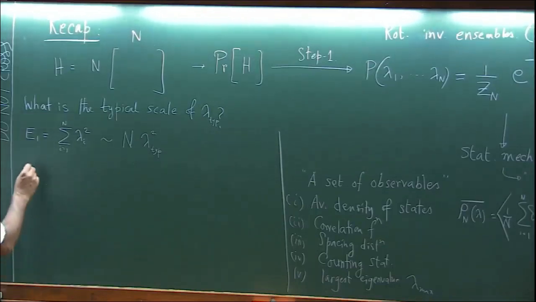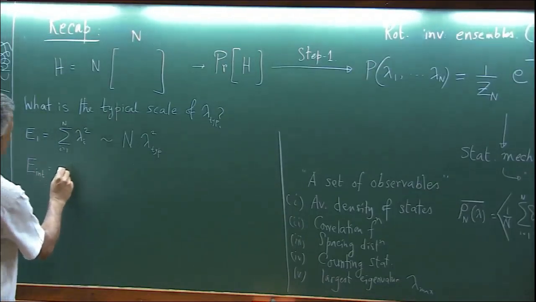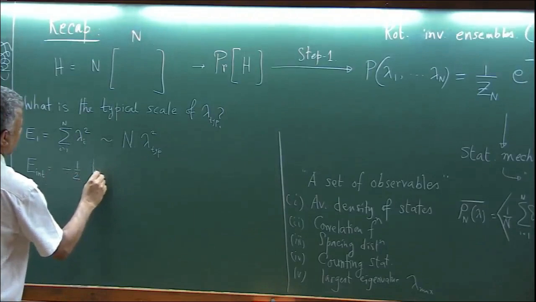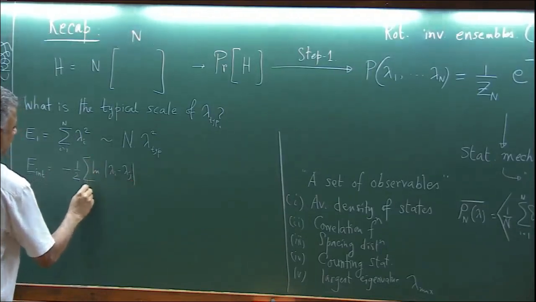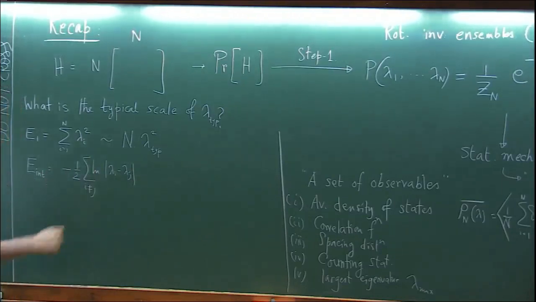What about the interaction term, the second term? This is just minus half log. How many terms are there? Every pair is interacting with every pair.